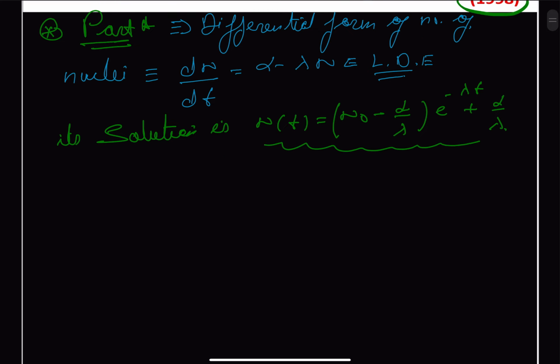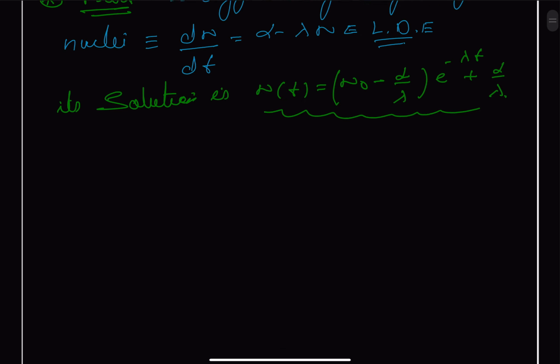And for part B, we are given that alpha is equal to 2 lambda times n0, and we can substitute this into the general solution.